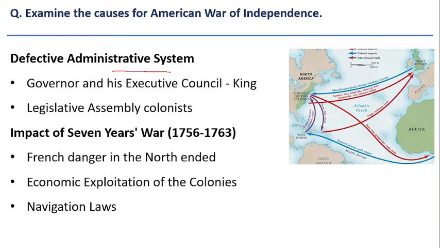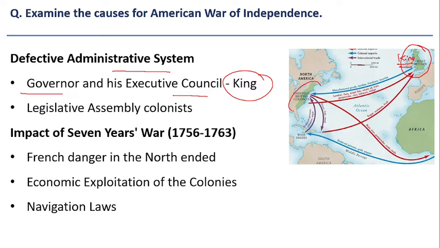Defective administrative system was another factor. The governor and executive council were responsible to the king, and the king sits in Great Britain. In the case of India also, when India became a colony of Great Britain, the Governor General and the Secretary of State were responsible to the king.